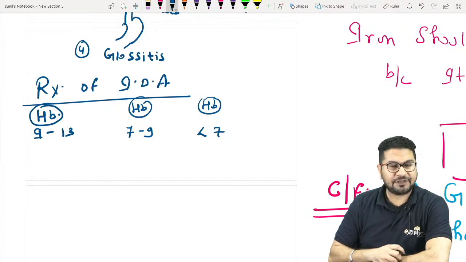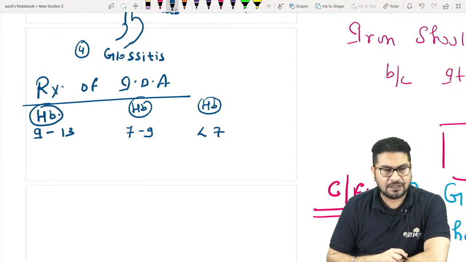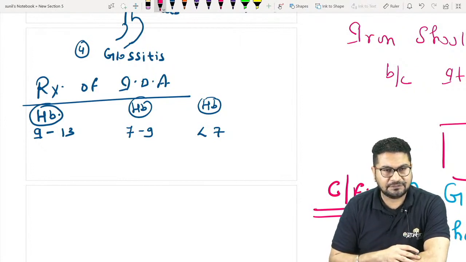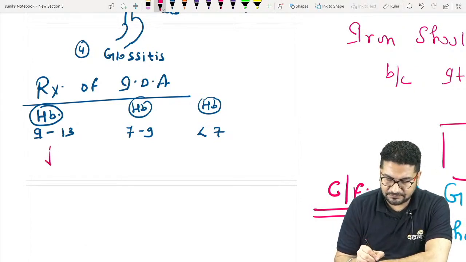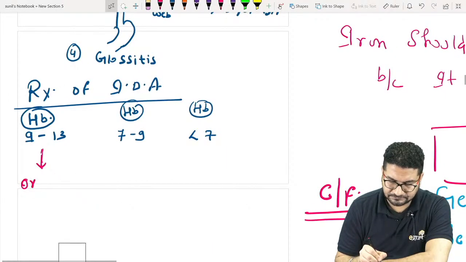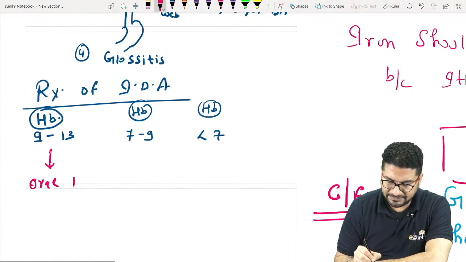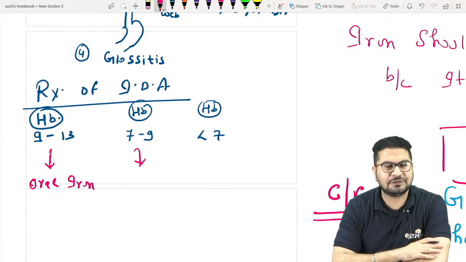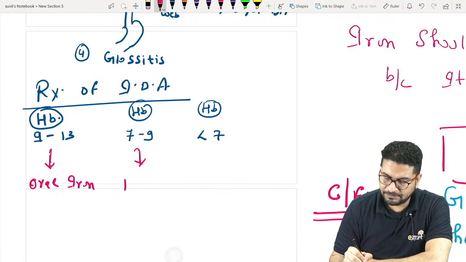So this is how we treat the patient. You have a patient whose hemoglobin value is 9 to 13. How will you treat? We'll try to give oral iron supplementation. In this scenario, hemoglobin values are 7 to 9, we give parenteral iron.